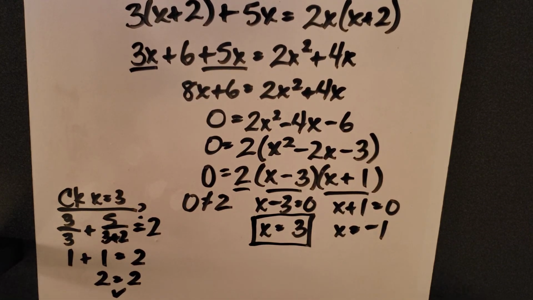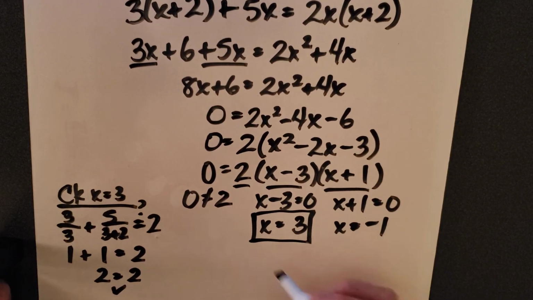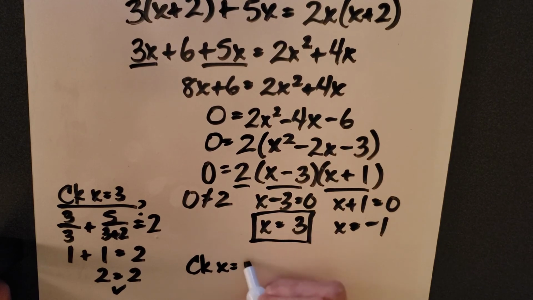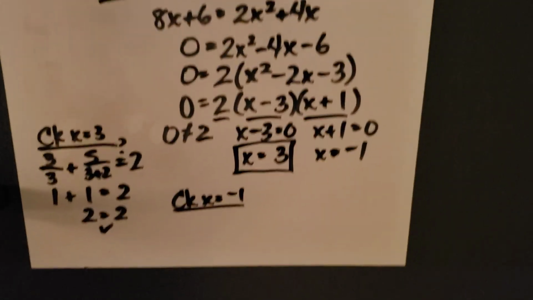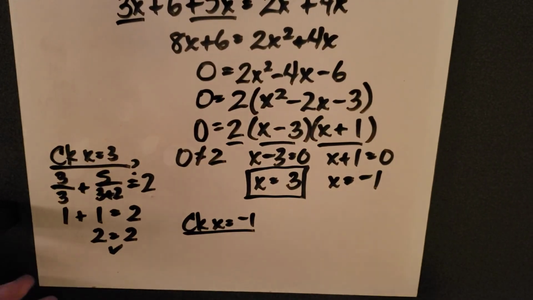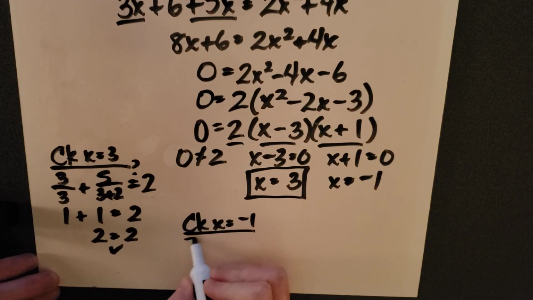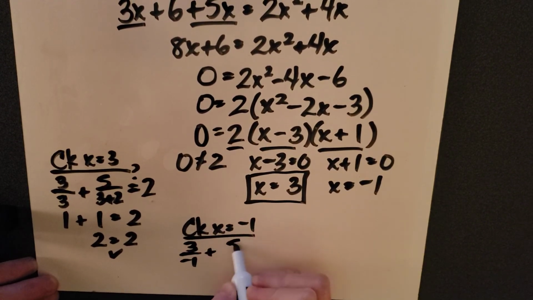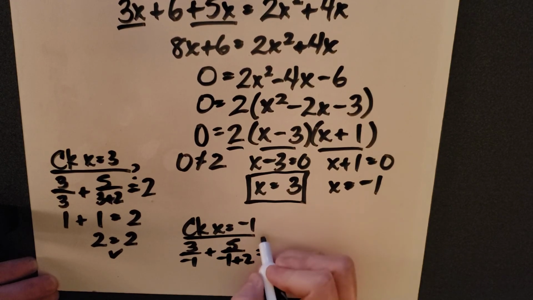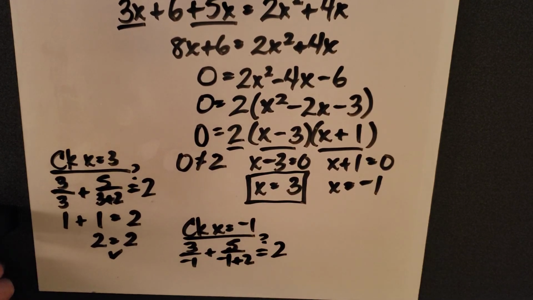Okay? Now, hopefully you can see down here, I'm going to go ahead and check x equals -1 right here. Okay? All right? So, bear with me. There we go. Okay, so I've got 3 over x, so that means I've got 3 over -1 plus 5 over x plus 2, so that's -1 plus 2, and I'm asking myself, is that equal to 2?